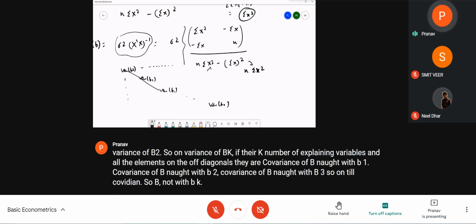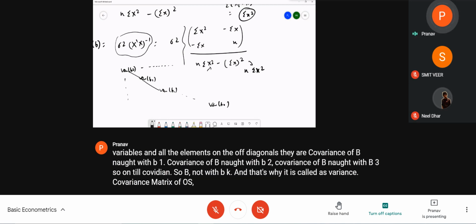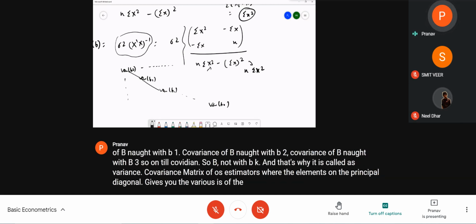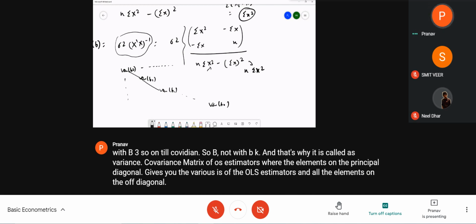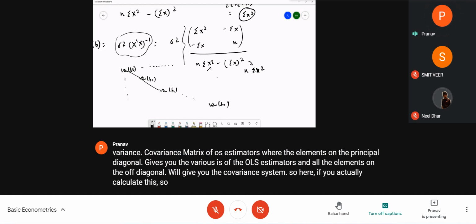And that's why it is called the variance covariance matrix of OLS estimators, where the elements on the principal diagonal give you the variances of the OLS estimators, and all the elements on the off diagonal will give you the covariance terms.